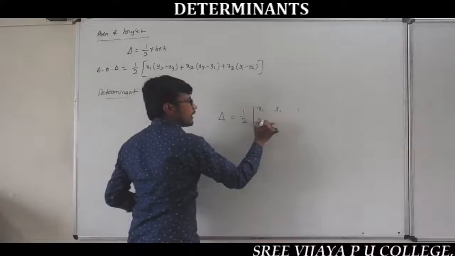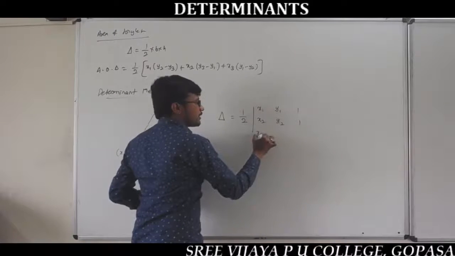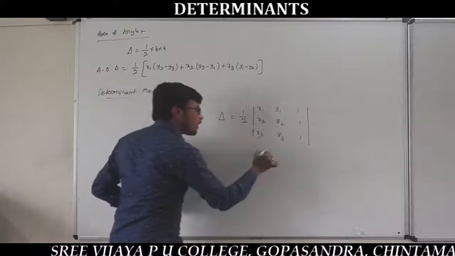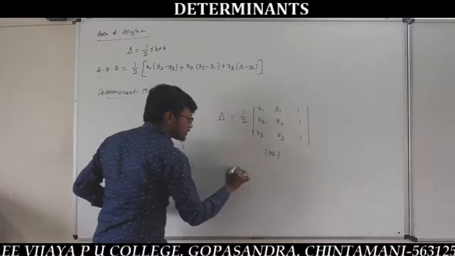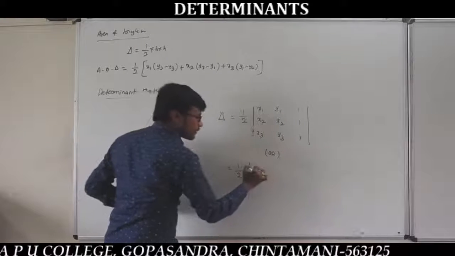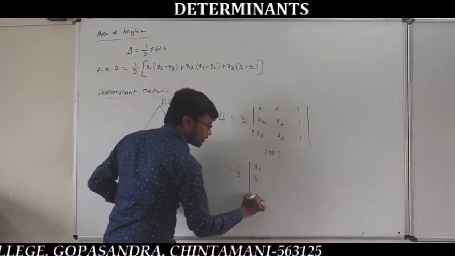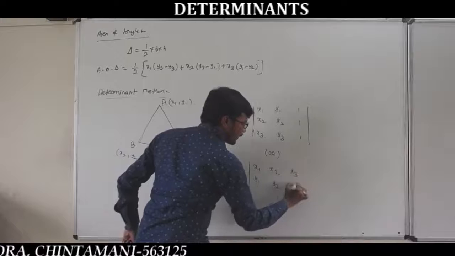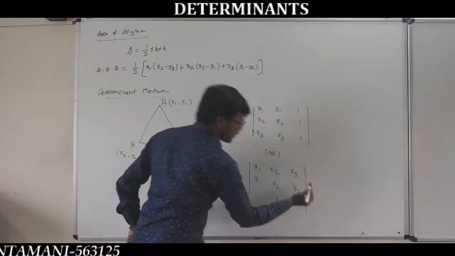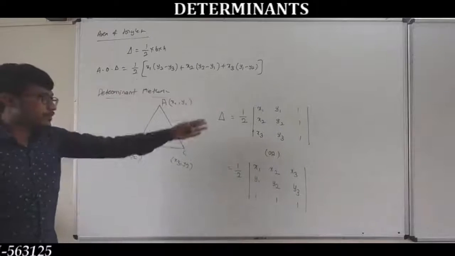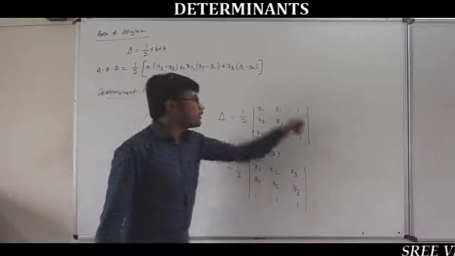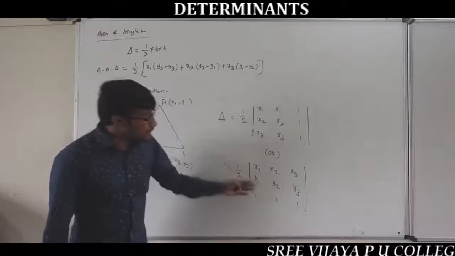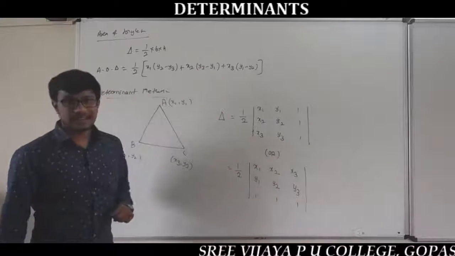You can write this as 1 by 2 determinant of x1 y1 1, x2 y2 1, x3 y3 1. So this is by using the concept of interchange of rows and columns, right? If all the rows and all the columns are interchanged, the value of the determinant remains the same. So see, if you expand this one, you will get the same like this only.